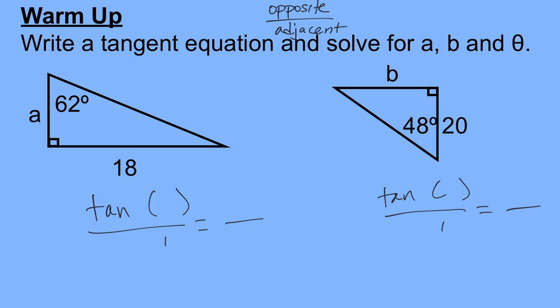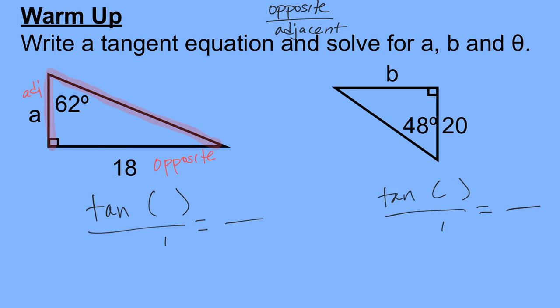If I look at the triangle with a 62-degree angle in it, 18 is going to be the opposite side, and then A is going to be the adjacent side. I know that A is on the adjacent side because it's touching this 62-degree angle here. So if it's touching it or connected to it, that means it's the adjacent side.